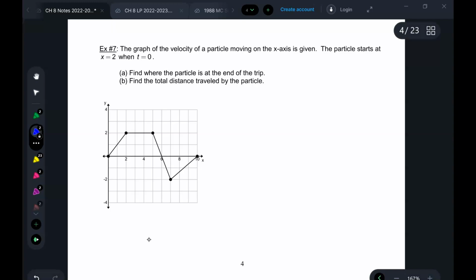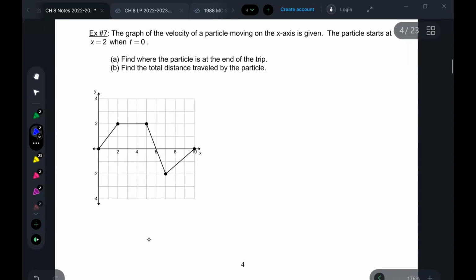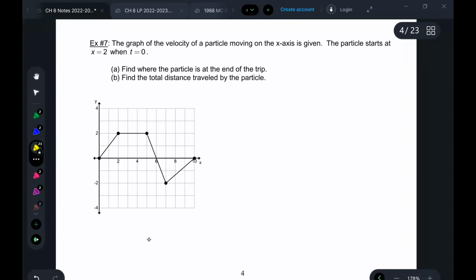All right. Oh, this is the graph of velocity. Where it says y, you could call that v of t. And my screen's frozen again. Oh, there it is. So this is velocity over the t-axis.